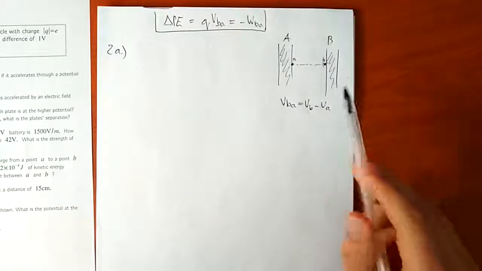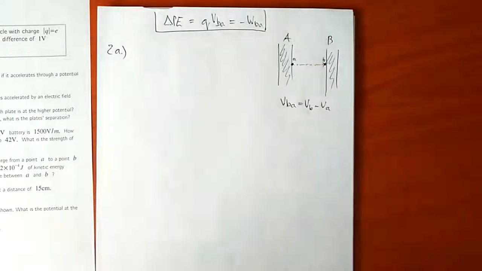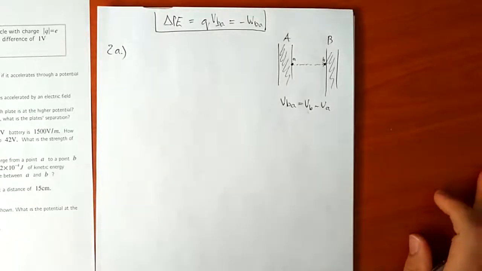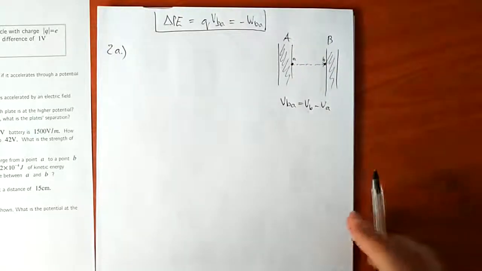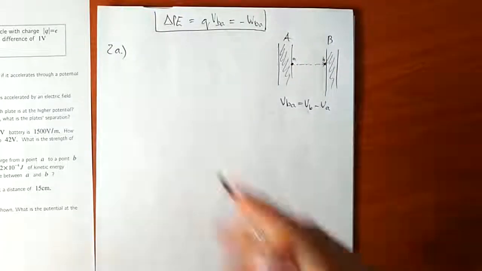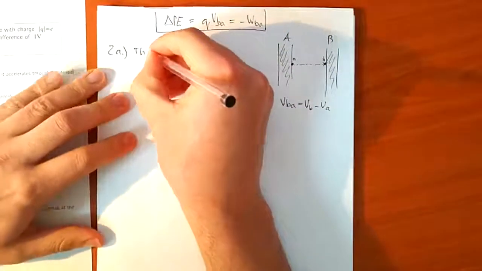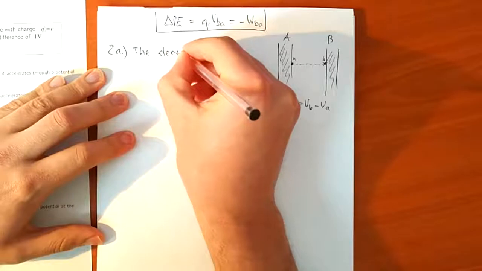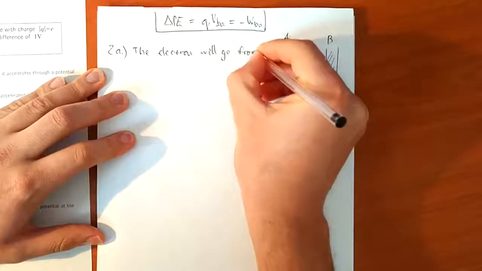And then the second question is which plate is at the higher potential. Now, what is this charge Q? Q is an electron. It has negative charge, and as discussed in the first video, electrons like to go from lower to higher potential. So I can immediately answer the second part of the question, which plate is at the higher potential, by just saying that the electron will go from lower to higher potential.